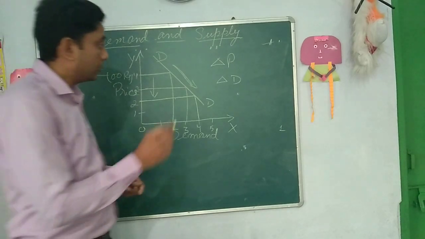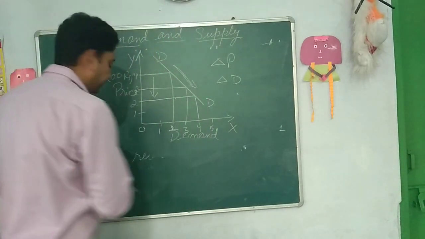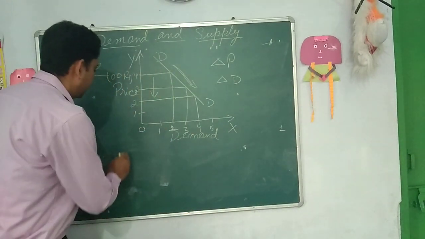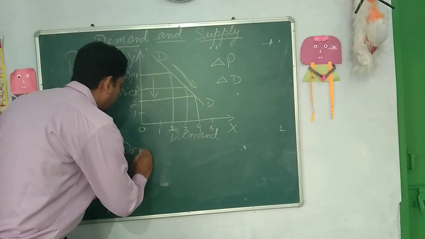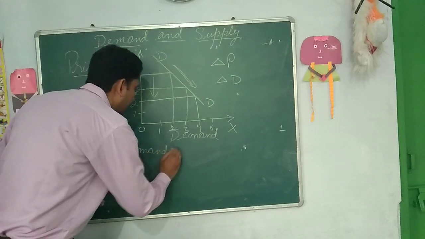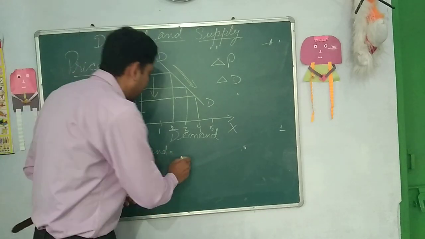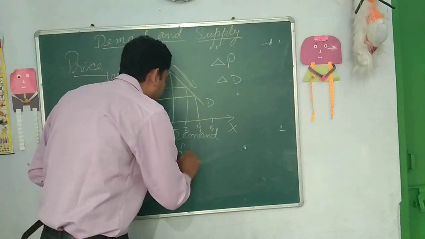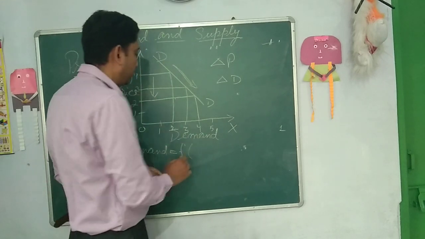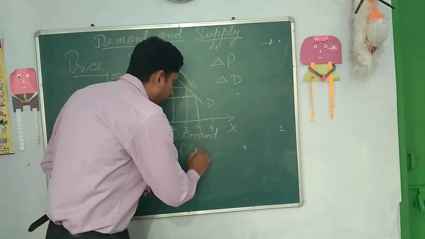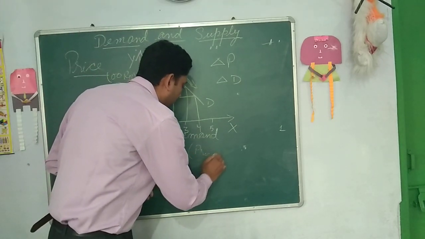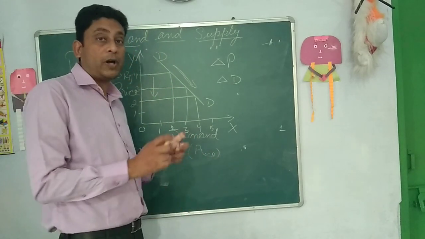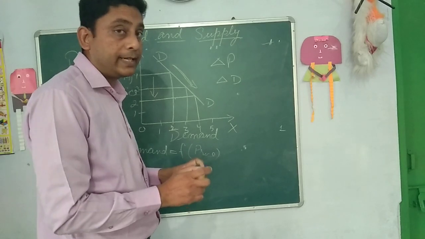So here, if you see, demand is affected by various factors. This could be, suppose, price. Price is the most powerful factor in considering demand.